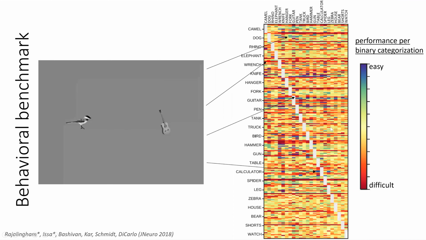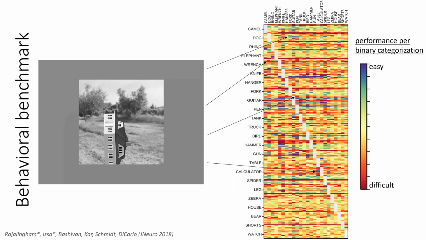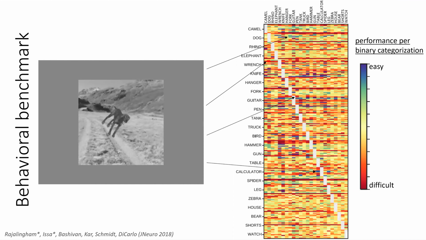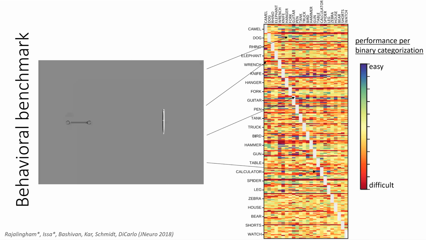Red here means that certain tasks are more difficult, green means that they're easier. So you can see that there's a pretty diverse pattern. Humans are on average really good at this, but there are certainly tasks where it becomes more difficult based on the difficulty of the image as well as the task itself.